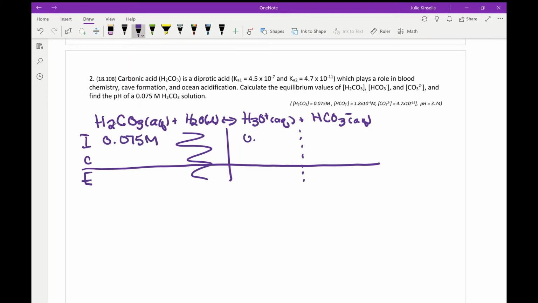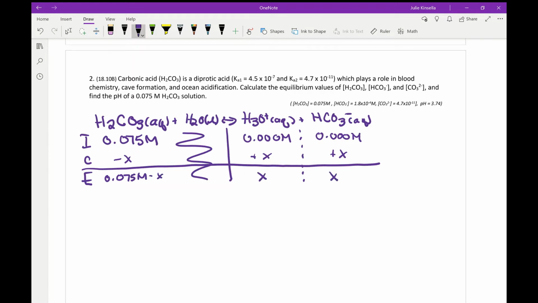Again, we're going to start off with 0 for our initial concentration of hydronium and 0 for the concentration of the anion. And then keeping in mind it's going to proceed to the right, and using our balanced equation, I can include my various x's in their correct place and then summarize it in our final equilibrium step.